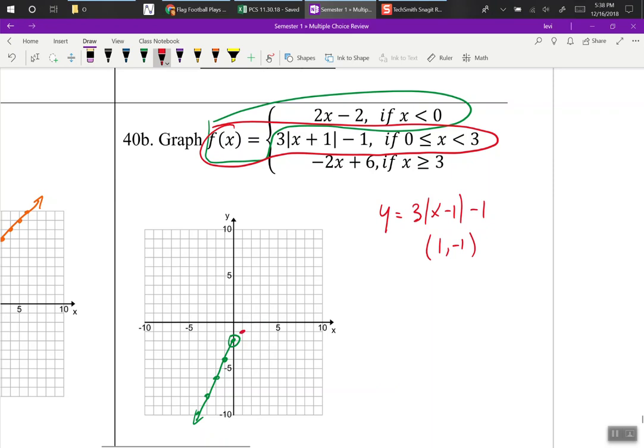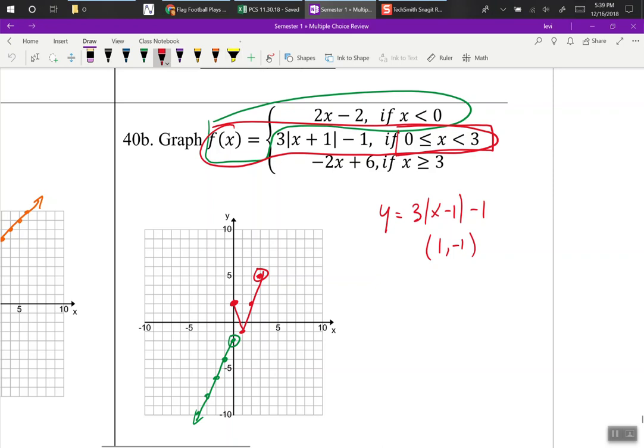And our slope was 3, so we're going up 3, right 1, up 3, right 1. But we want to be between 0 and 3, so I just want to go to 3, 1, 2, 3. Open circle here at 3. And up 3, left 1, right here, but a closed circle here at 0. So it looks something like that.